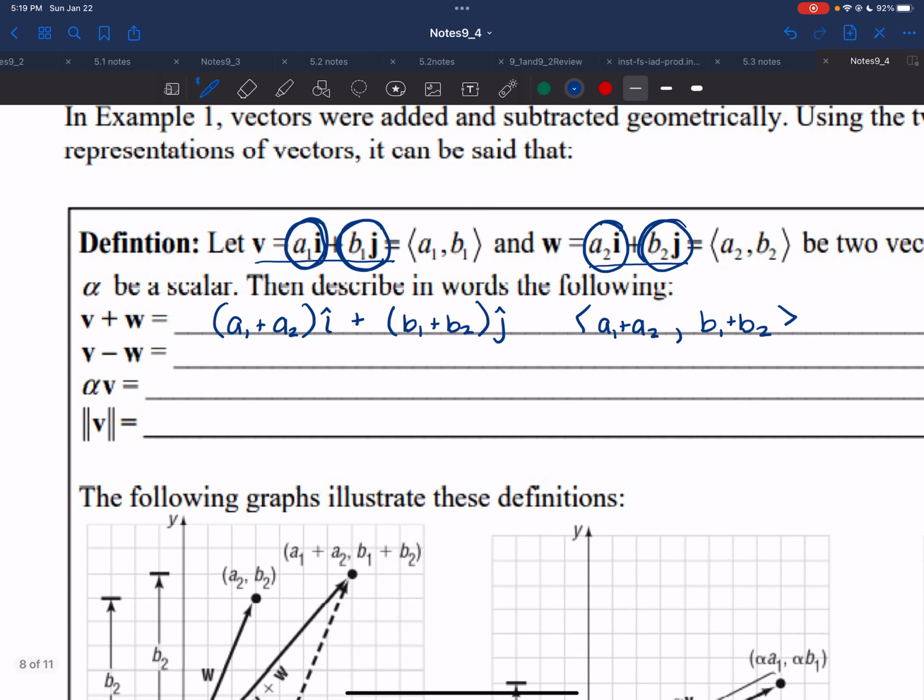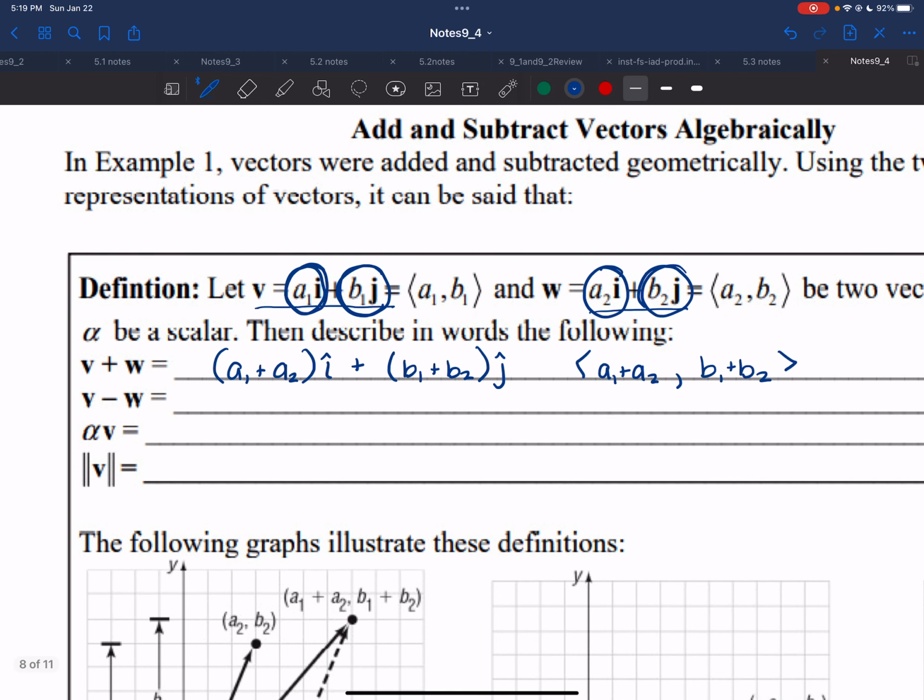And so now we have v minus w. Just like we added before, we're going to take our a1 i and subtract a2 i. So (a1 minus a2) i hat plus (b1 minus b2) j hat.